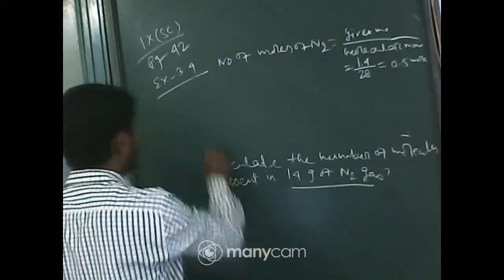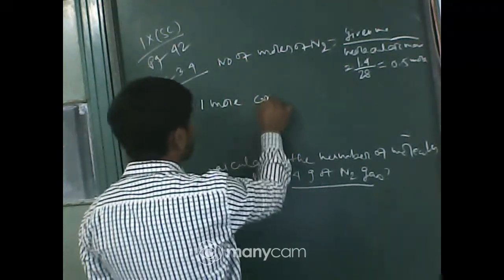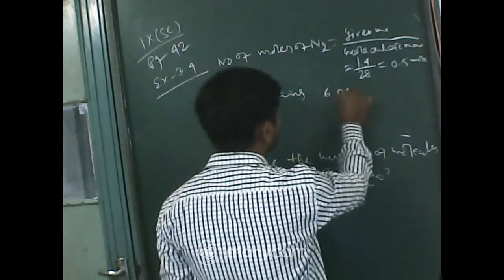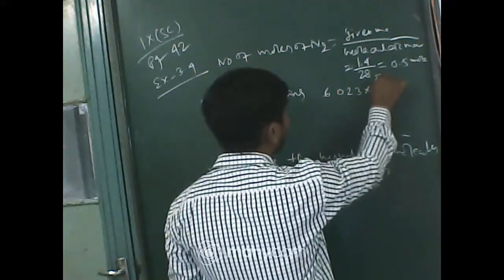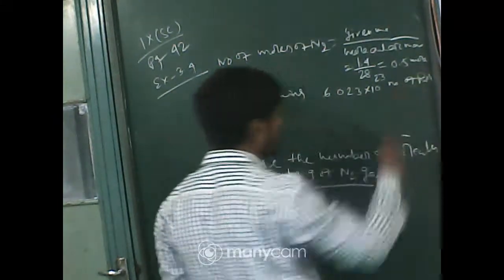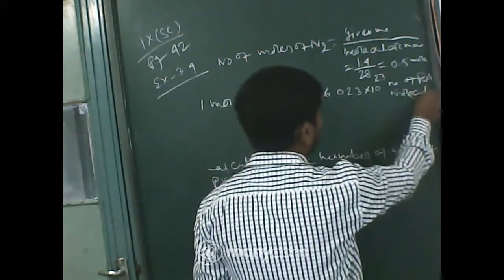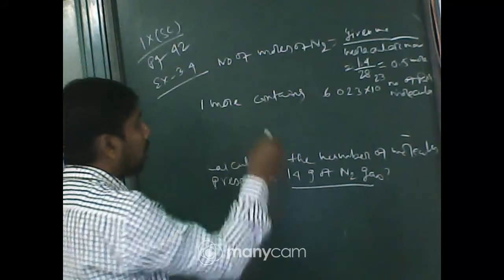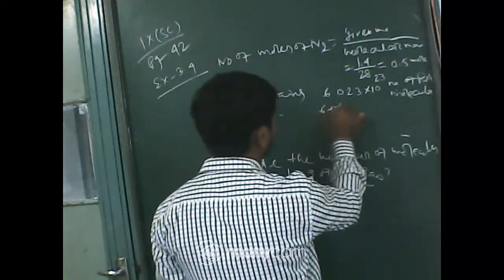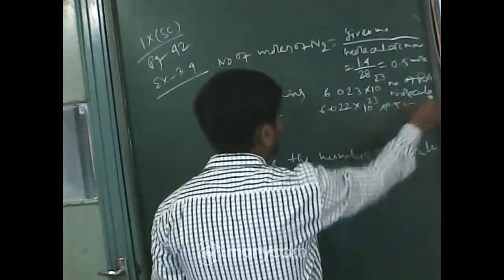Okay. Now, 1 mole contains how many particles? 6.023 into 10 to the power 23 number of particles or molecules, etc. So, here specifically it is molecules. So, 0.5 mole contains 6.023 into 10 to the power 23 into 0.5 number of molecules.